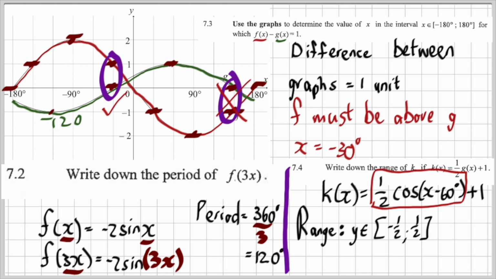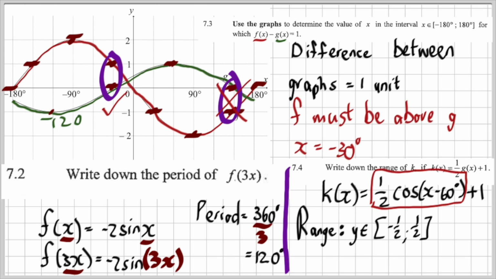Remember what amplitude means. Amplitude means the difference between the middle of the graph on the y and the top value. If I say that is a half, it means from 0, I must only go a half up and a half a unit down.